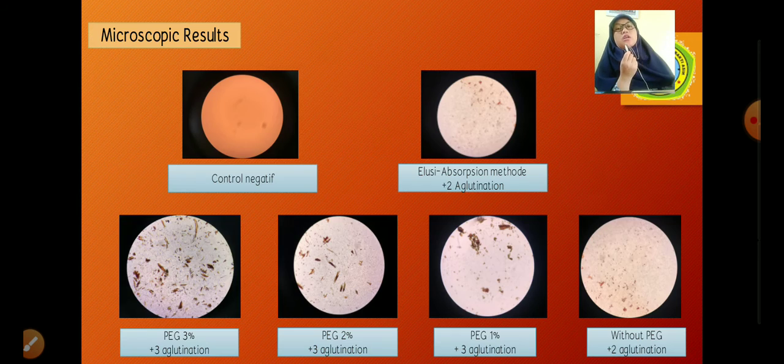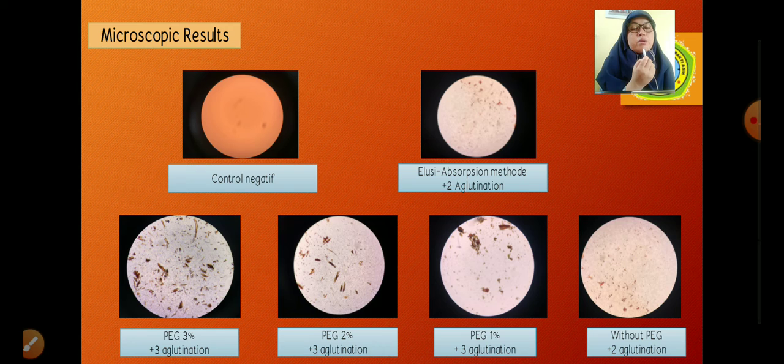And this is the picture of the microscopic results. We can see the clumping of the object under the microscope. The negative control shows no clumping, and the elution absorption method shows positive 2 agglutination.